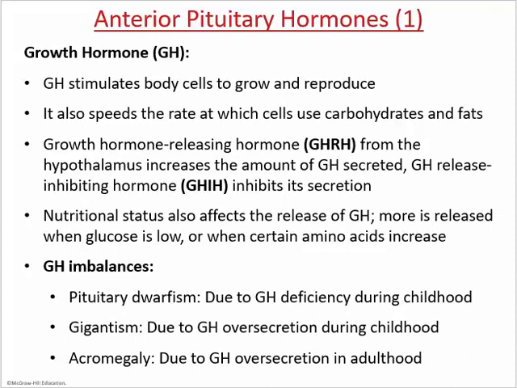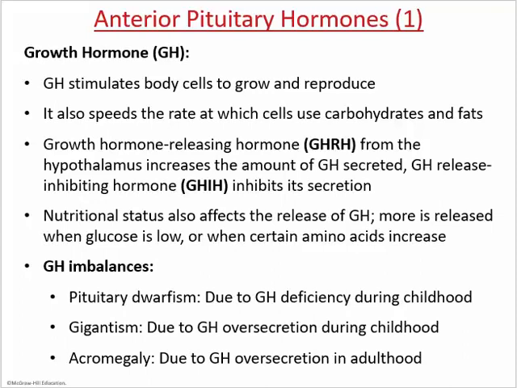So the first one that matters is growth hormone, and growth hormone stimulates body cells to grow, reproduce, have mitosis. So it controls the rate at which we use carbohydrates and fat. It is responsible for repair of tissue, not just growth when you're a child.